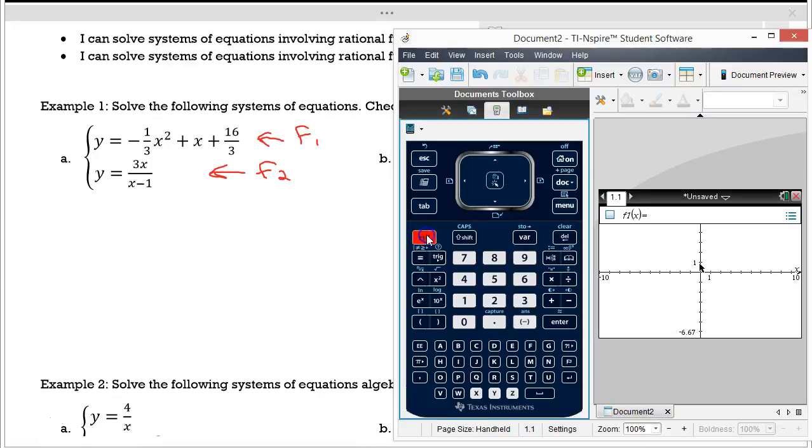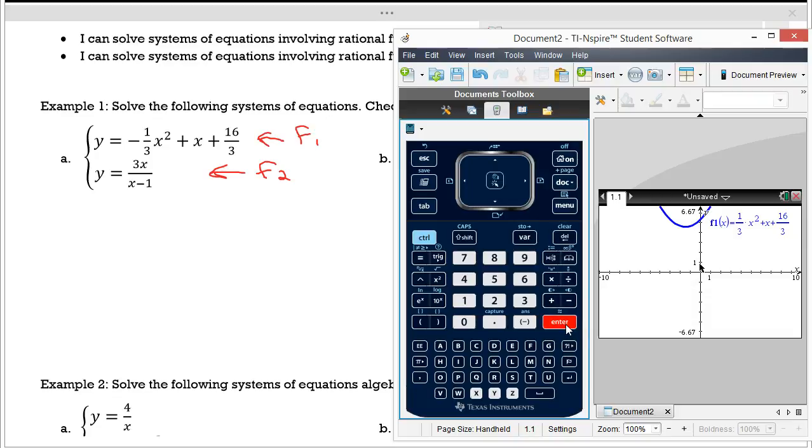I have 1/3 x squared plus x plus 16/3, and I'll press enter.